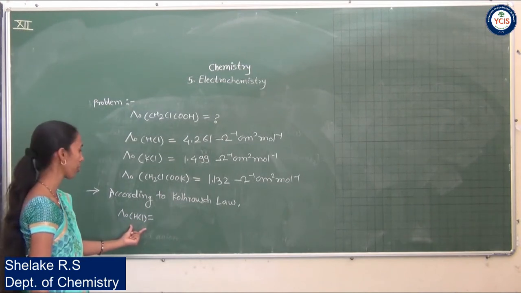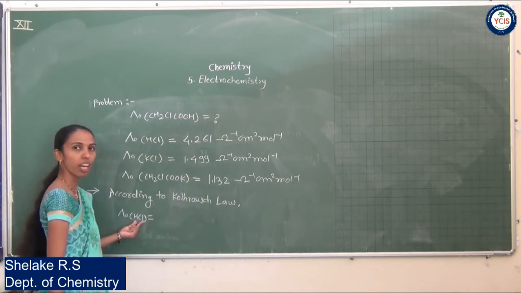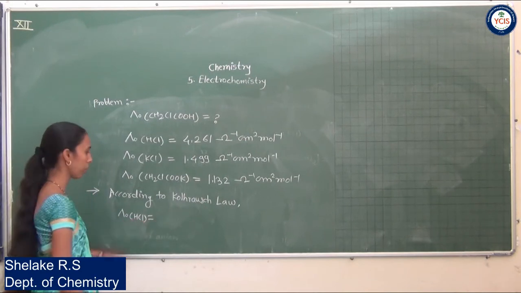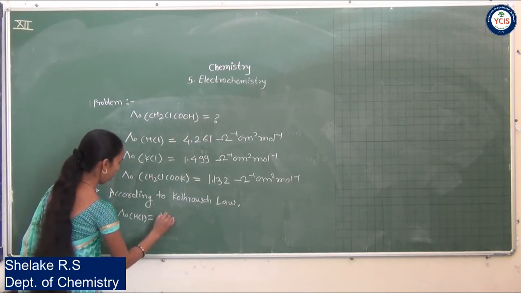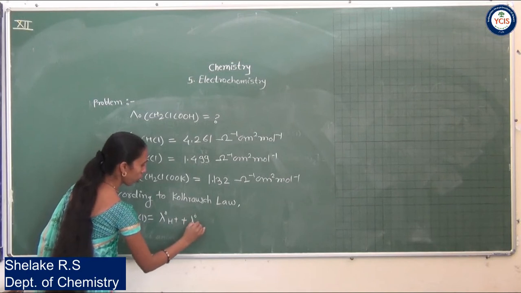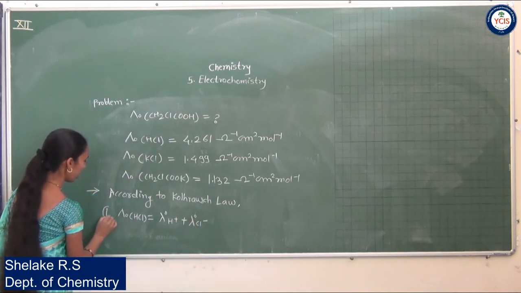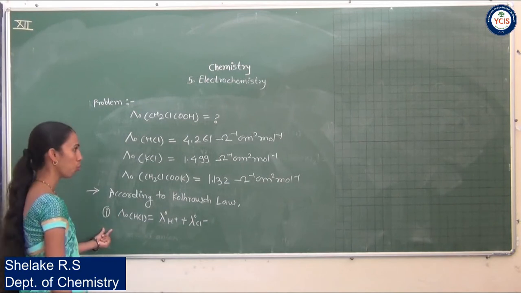Lambda 0 of HCl is equal to what? HCl will ionize as H plus and Cl minus. So lambda 0 H plus plus lambda 0 Cl minus. Okay, so that is for HCl. Right here it will be equation number 1.